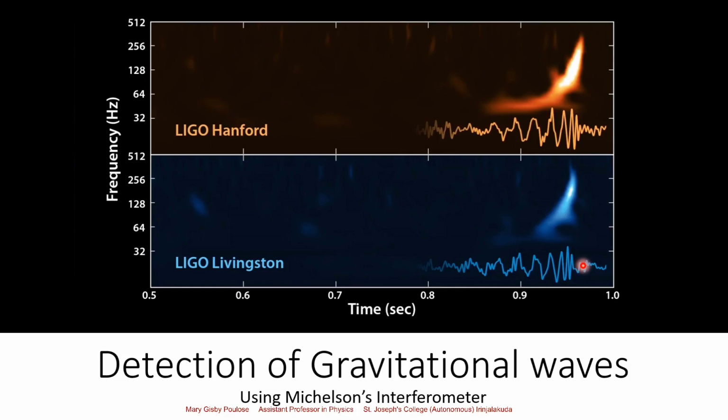So we are able to detect such an event by using a Michelson's interferometer. This was done in the year 2016, and studies are still going on from the readings obtained from those cosmological events. India has also contributed a lot with the LIGO India project.